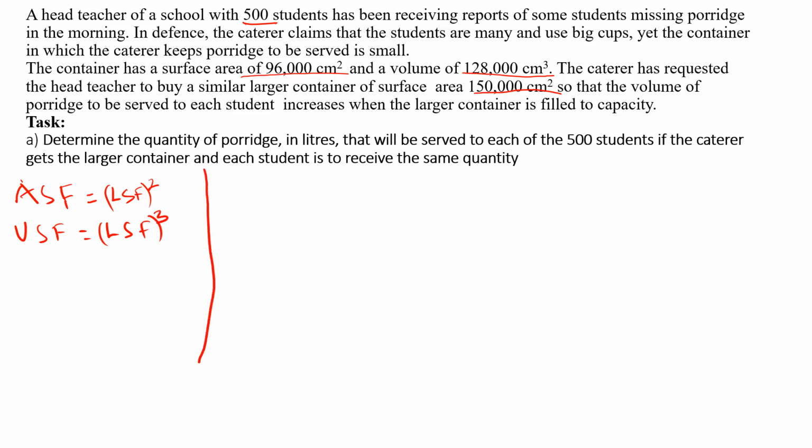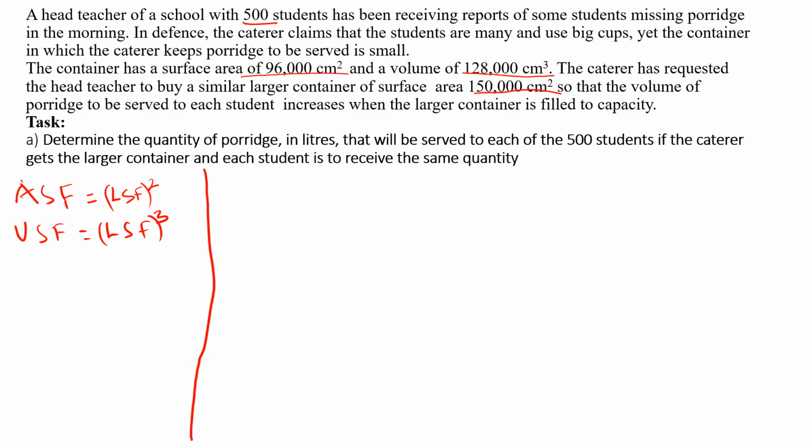And now for this scenario, what have I been given? I'm seeing here area for small and here area for big. To find volume scale factor, you can compare volumes. So volume of a bigger container divided by volume of a small container is equal to linear scale factor cubed.